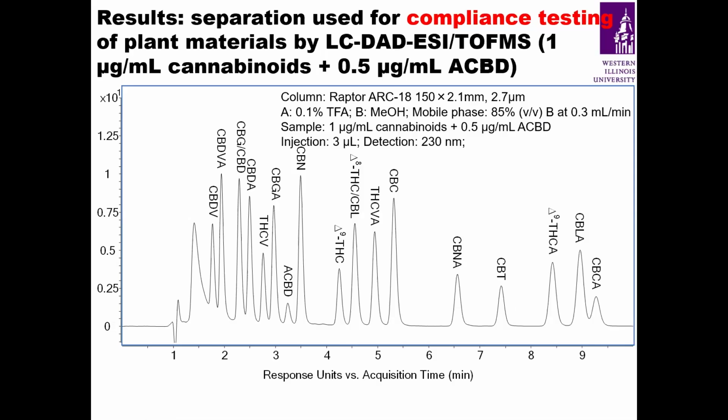It is noted that for compliance testing, the baseline separation of delta-9 THC and delta-9 THCA from other cannabinoids was essential. However, the coelution of other cannabinoids didn't matter. Therefore, we were able to use our rapid separation here.